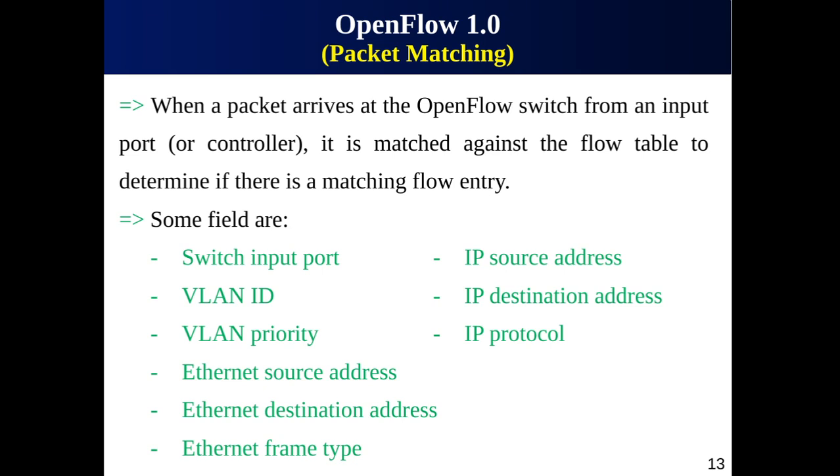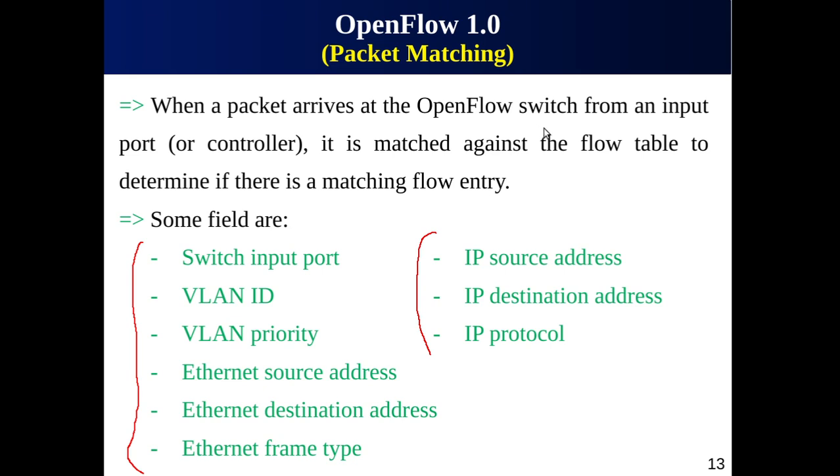The following match fields that you can see here are associated with the incoming packet, and these fields may be used for matching against the flow entries. Not all of the fields are listed, but some of the fields used for matching purposes are the switch input port, VLAN ID, the priority for the VLAN, IP addresses, frame type, Ethernet source address, destination address, maybe port numbers, what is the IP protocol used, and things like that.